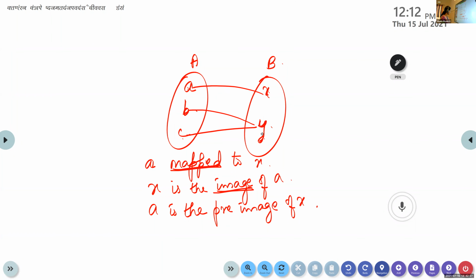Whenever we say image, the image will be in the set B. Pre-image will be in the set A. Okay, so the next example, write down.